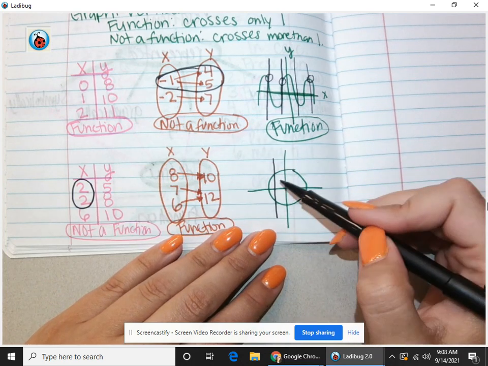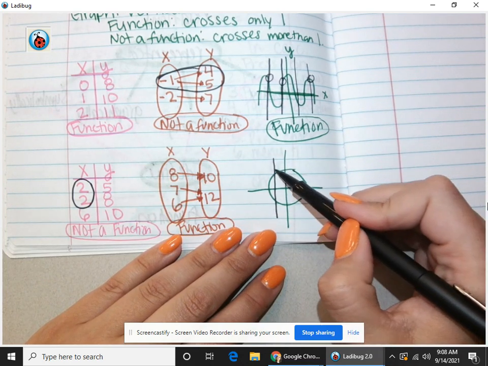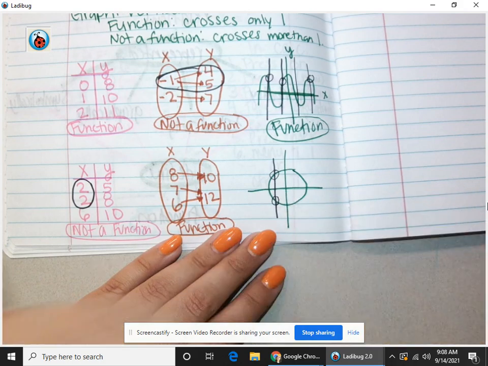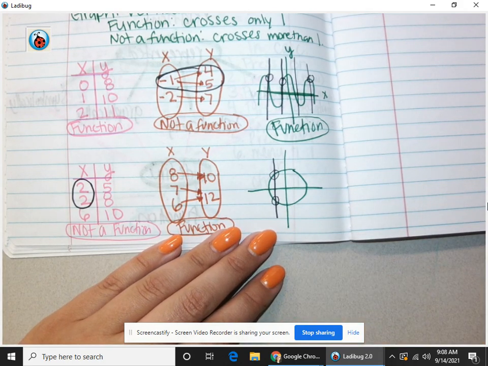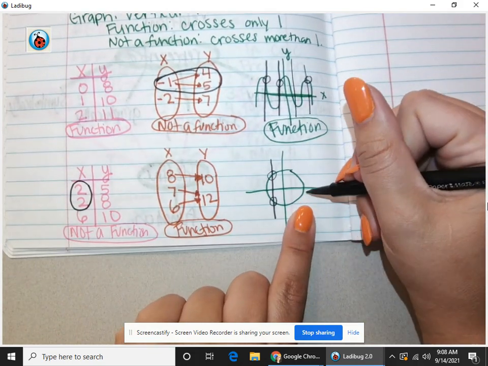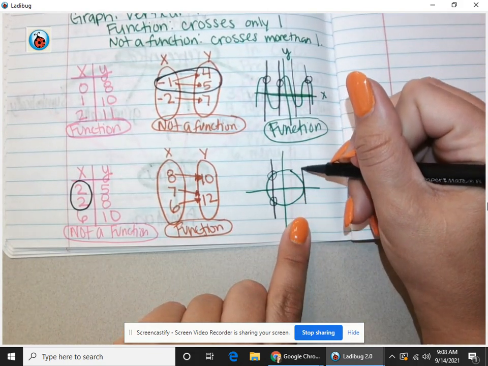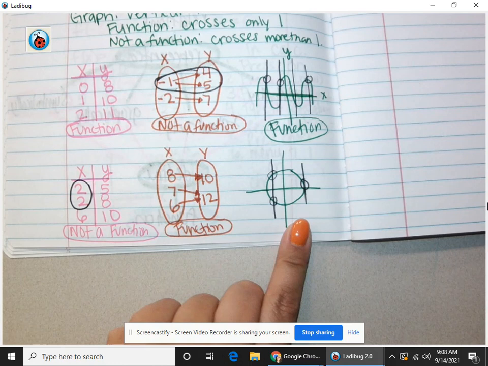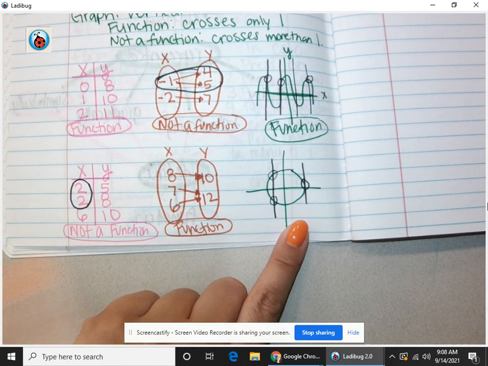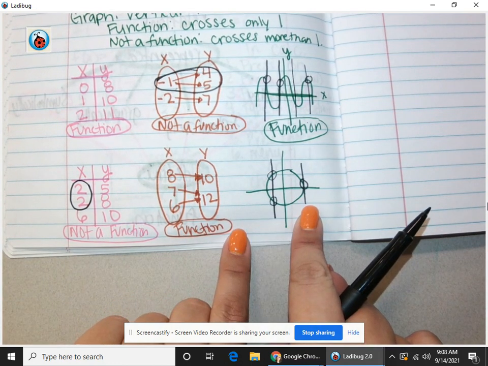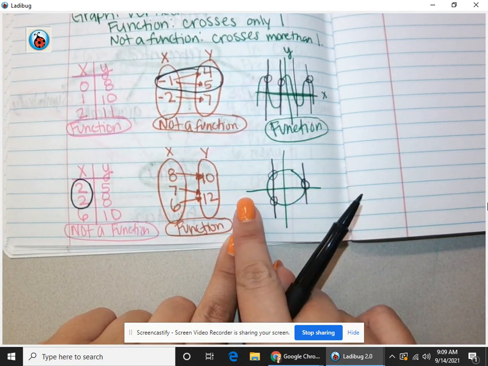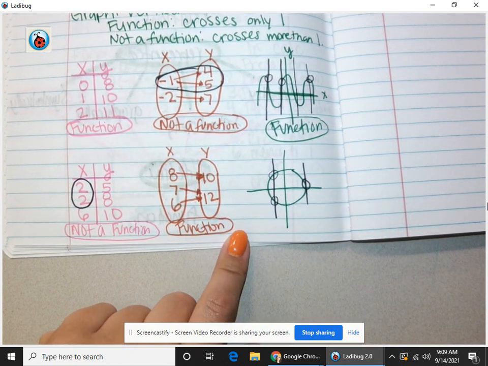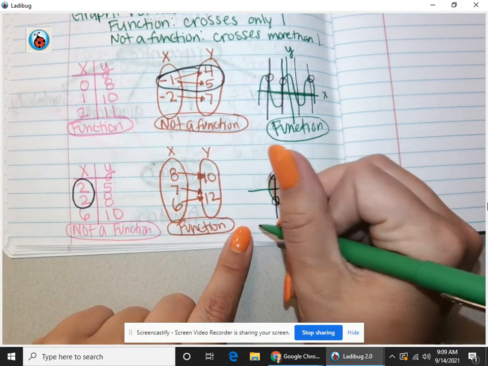So I've got this. Does this pass my vertical line test? No. Okay, here's the big key. If I put it at the very edge of this, it only passes it once. So this would pass the vertical line test. But because basically anywhere else on this graph, it doesn't pass the vertical line test, this is not a function.